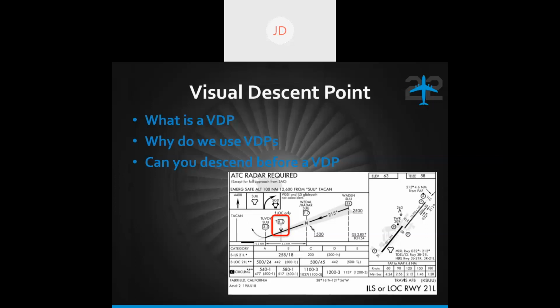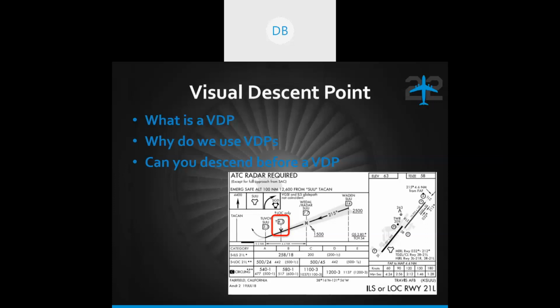Yeah, man, you're spot on. The whole intent of the VDP is to get us in that ideal spot on the final approach where we can then do a stabilized descent. I'm sure all of you, even the newer people, have been tracking that.